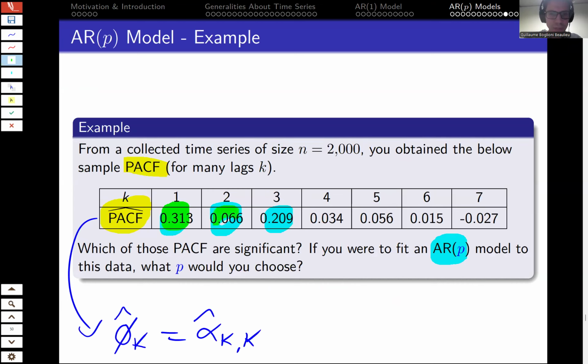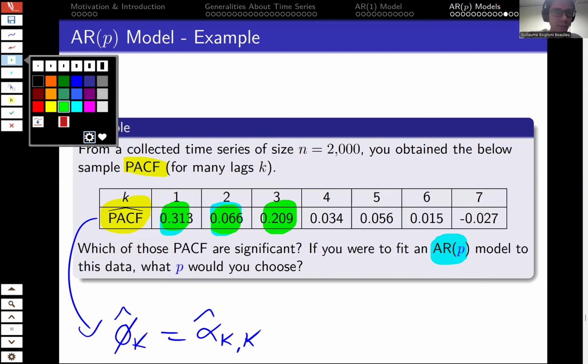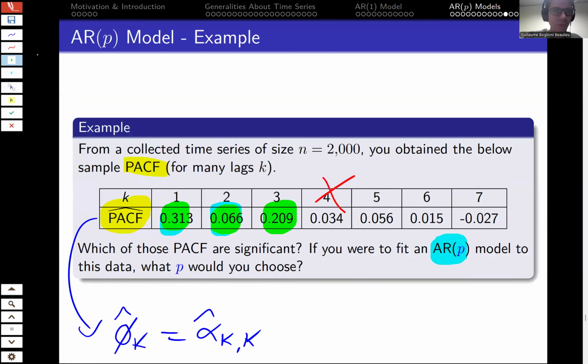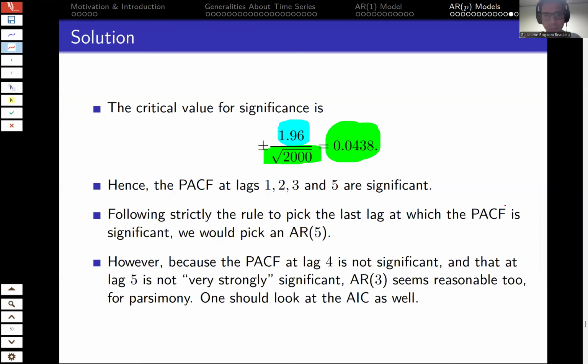This one looks significant, this one looks significant, yes, this one looks significant. This one is not. But careful, this one is again significant, and those two are not. So the partial autocorrelations at lags 1, 2, 3, and 5 are significant.